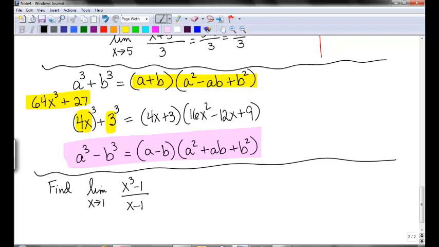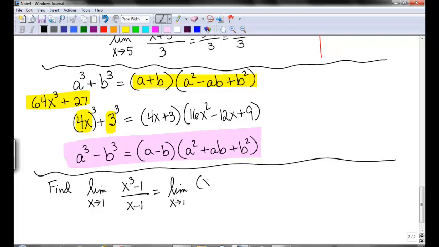You cannot just sub that in. If you've got a variable down in the denominator, you've got to factor it, reduce it, sub in. Okay, so if we do, this is an x minus 1. So our A is x, our B is 1. Still need the limit notation as x approaches 1.